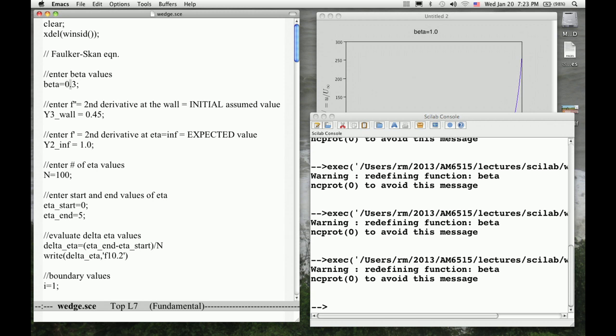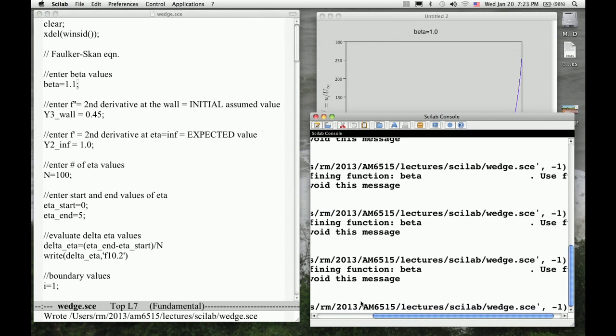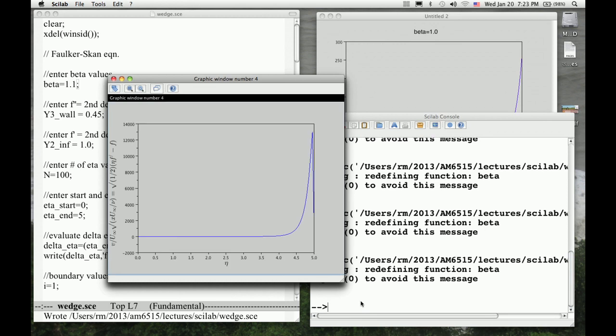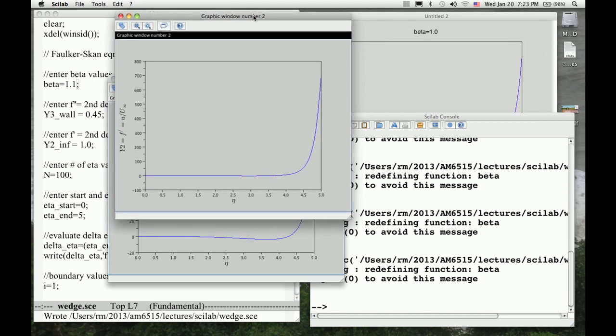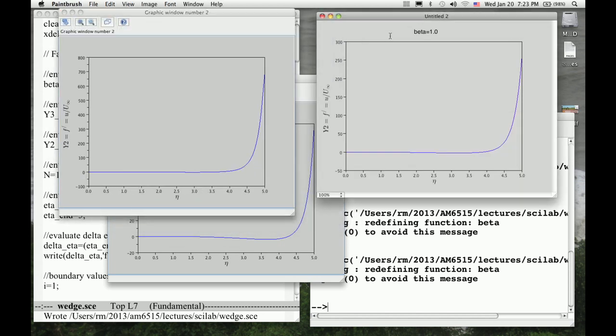Okay, what does this code do? So say 1.1, okay. So if I do that, what do I get? If I do 1.1, what does it do? Wow, okay. So this is 1.1, which is not actually much different from this. If you look at this, it's almost the same.